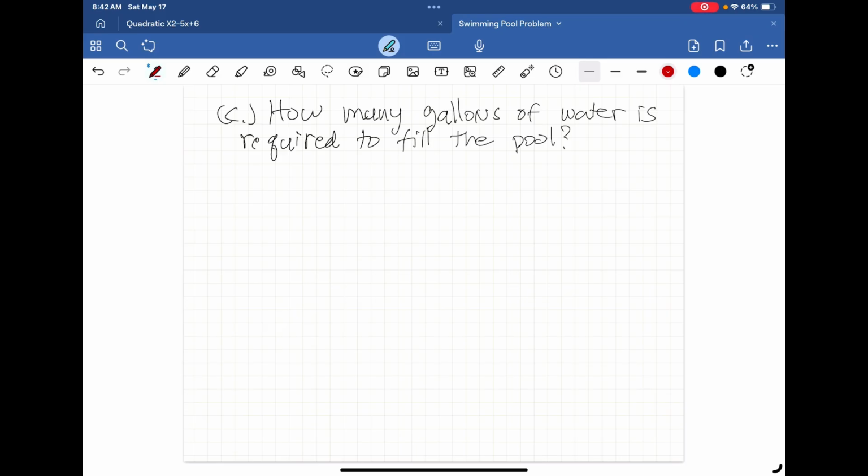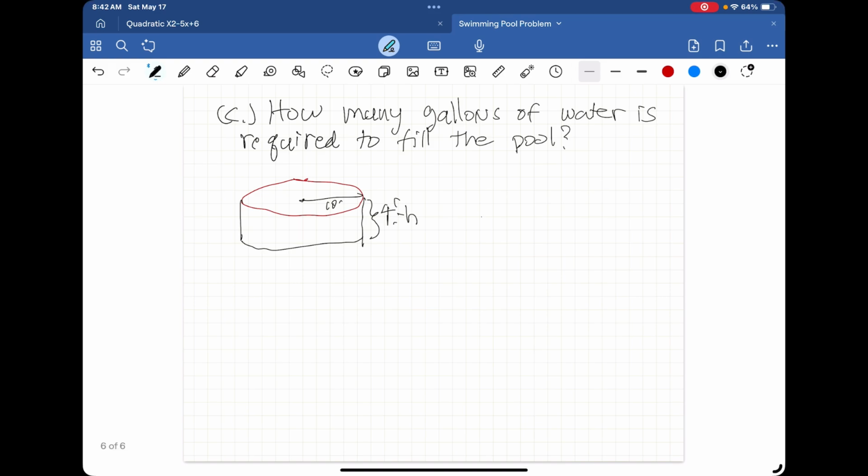Now in part C, we will determine how many gallons of water is required to fill the pool. We need to know basically how much we're going to have to get so we can fill the pool and how much that's going to cost us. Let's go back to that. What we have really is just a cylinder of water. It's 10 foot in radius, and we know we're filling it to a depth of 4 feet, so that's the height.